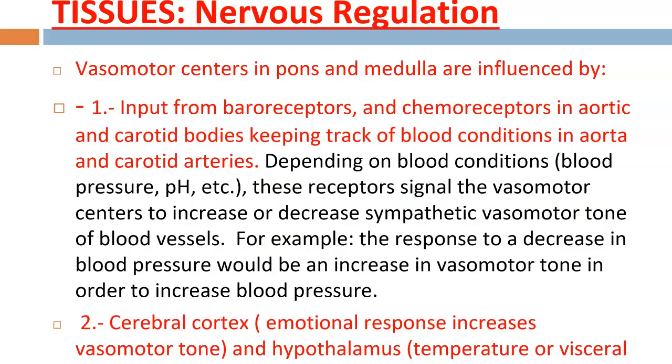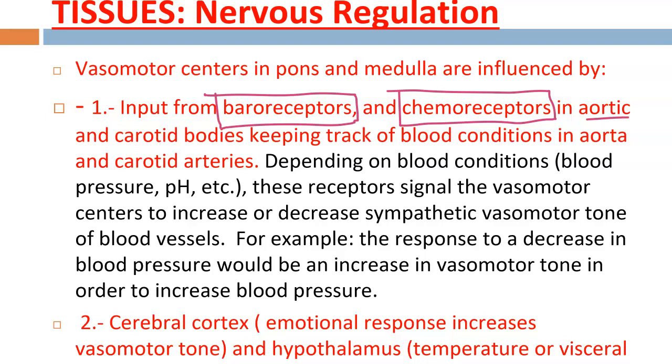So again, I know I'm repeating myself, but this is an important point. The vasomotor centers are constantly receiving information from baroreceptors, meaning blood pressure receptors, and chemoreceptors in the aorta, what we call the aortic bodies, and the carotid bodies. So baroreceptors detect blood pressure, that's easy enough.